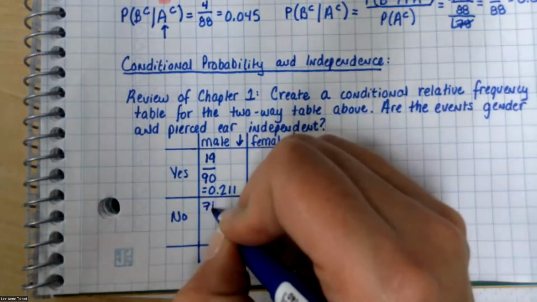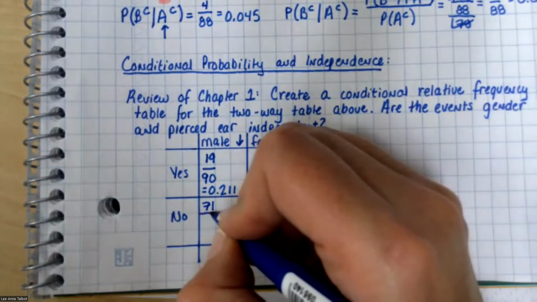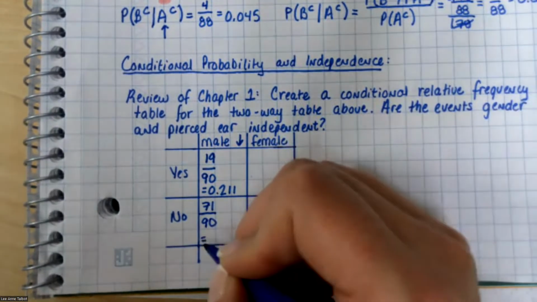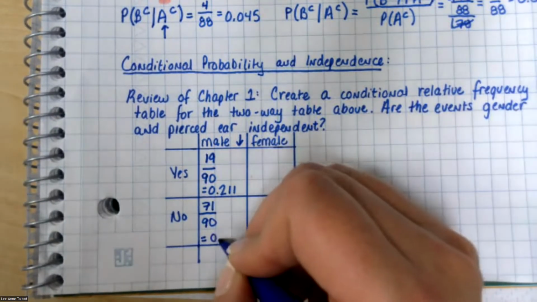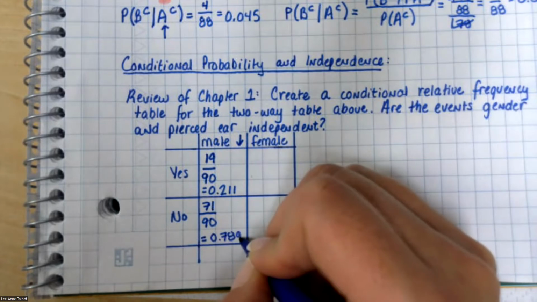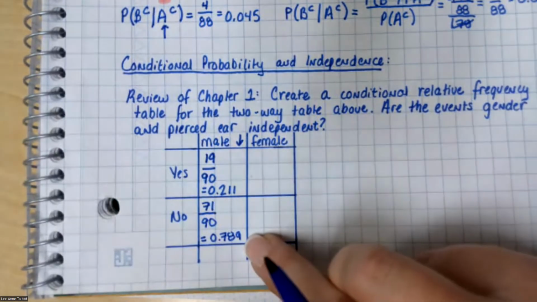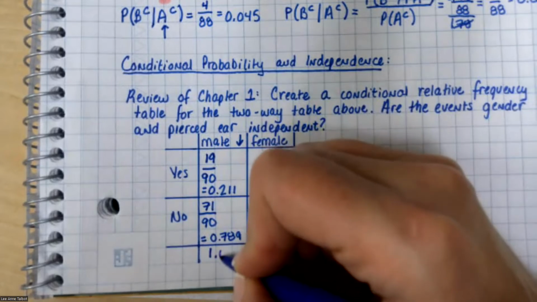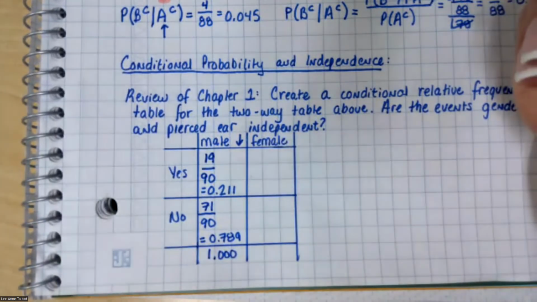There are 71 no pierced ear out of 90 total males for a total of 0.789. Okay, now question, did I have to do the second calculation really? Not really, because it has to add up to 100%.